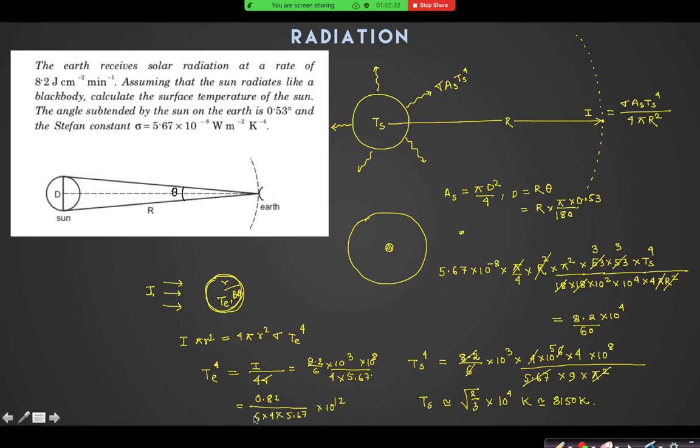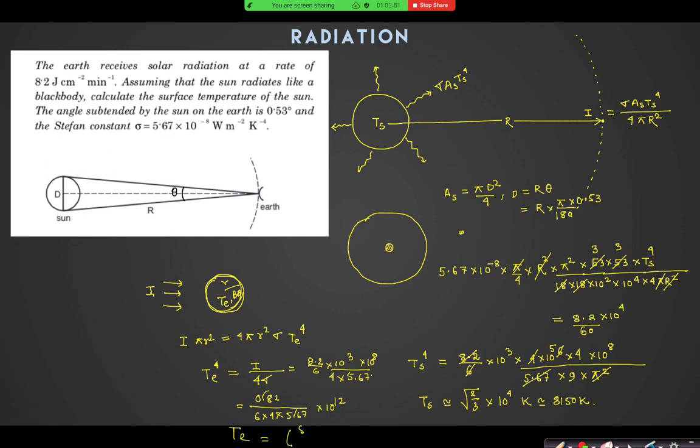So then I can calculate, 0.67 if I cancel it. So approximately how much it is, if I say Te is the fourth root of this one into 10 power 3, right?